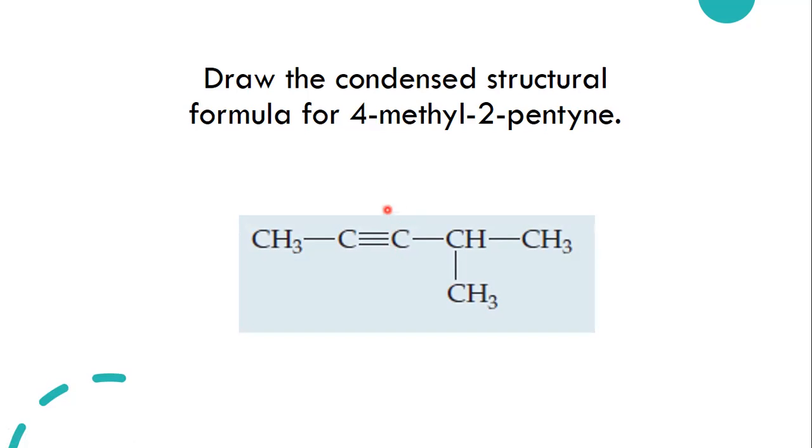And then the methyl group is attached in carbon number 4. So 1, 2, 3, and 4. So that's your condensed structural formula. But it could also be written as CH3 dash C triple bond C dash CH open and close parenthesis CH3 dash CH3, if we want to write it as a straight chain condensed structural formula. Okay?